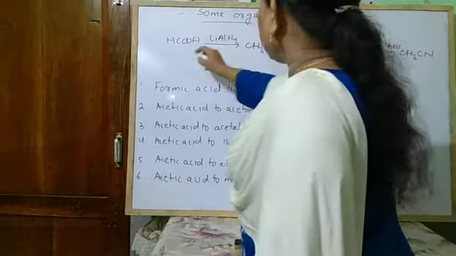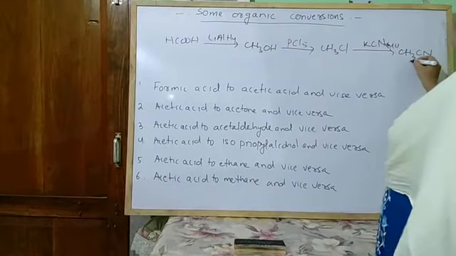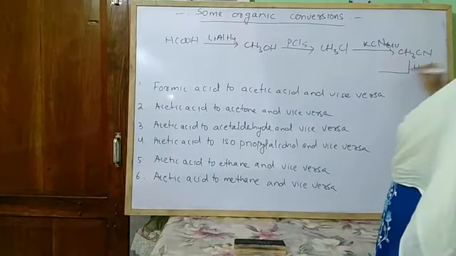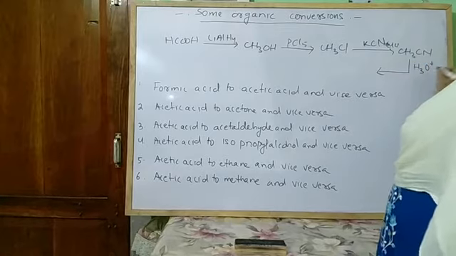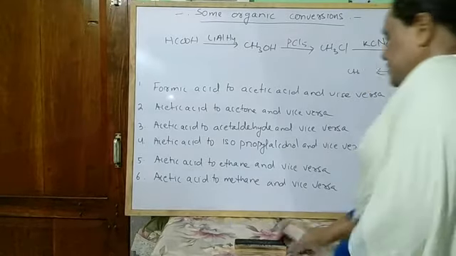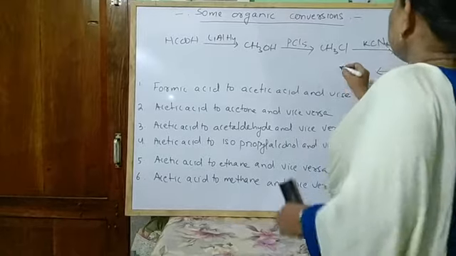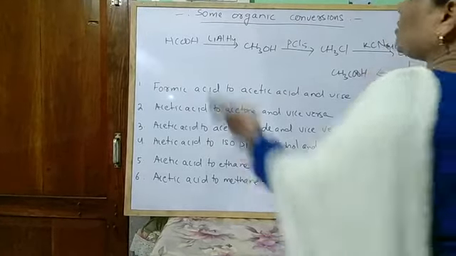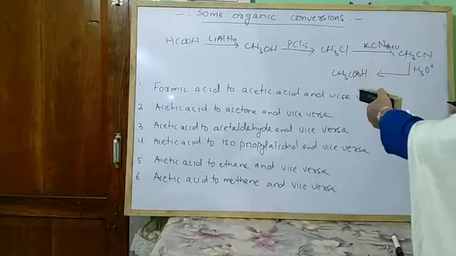So remember the properties of this. And this methyl cyanide, when it undergoes hydrolysis in acid medium or in alkali medium, forms acetic acid. So this is the conversion of formic acid to acetic acid.